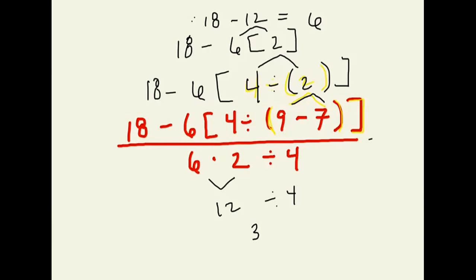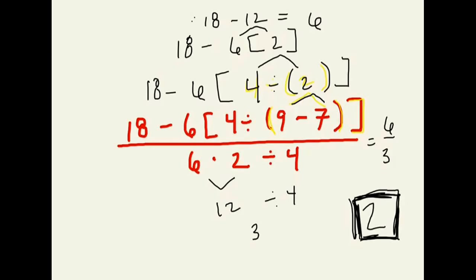So what I basically have is, up top I have 6. Down below I have 3. My answer is 2. Right? And I box that in. 2 is my answer. Okay?